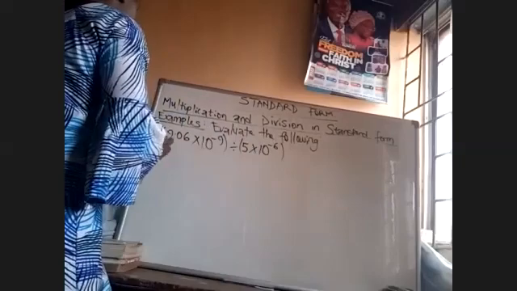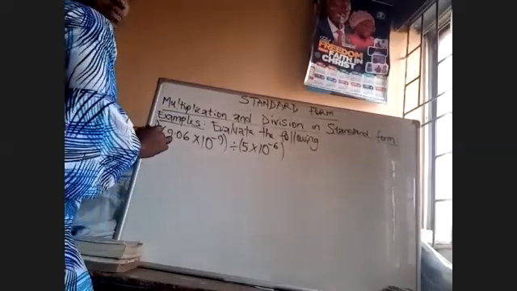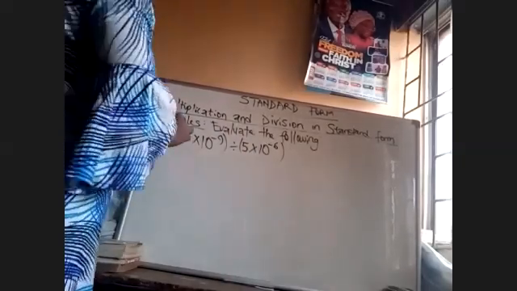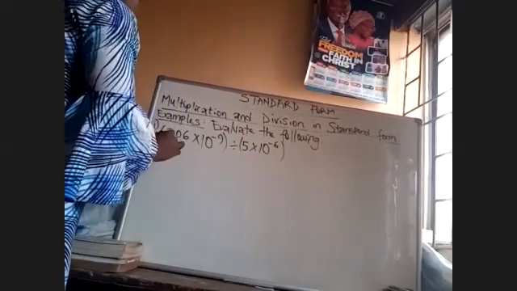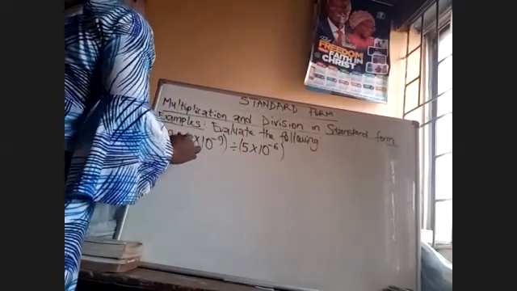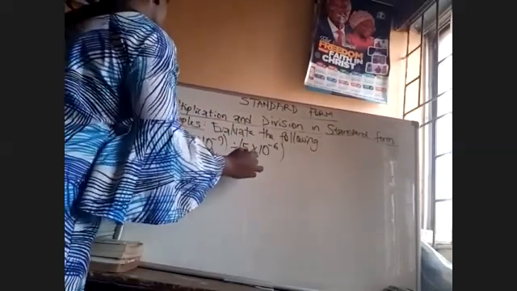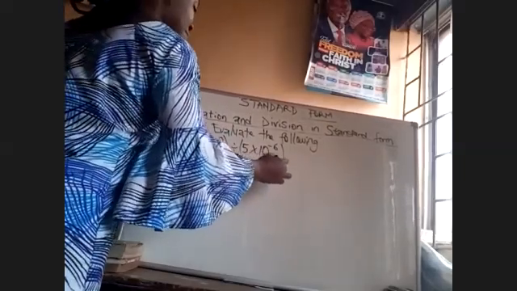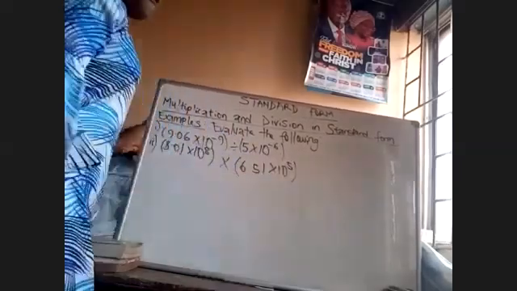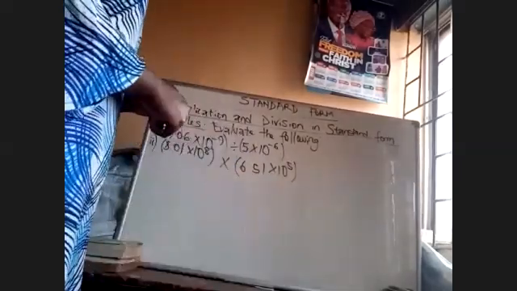And the second question, we have 8.01 times 10 raised to power 8 times 6.51 times 10 raised to power 5. Multiplication and division in standard form.